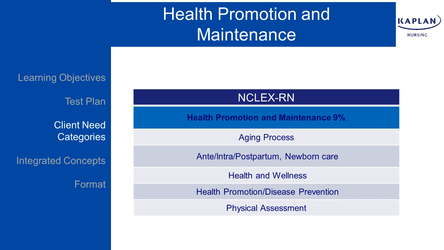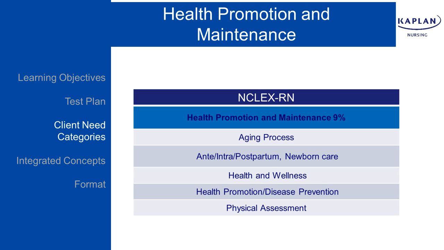The next area is health promotion and maintenance, and it is both a category and a subcategory. 9% of your questions come from this area. Now, this is one of the smallest areas on the exam. Topics include the aging process, and this is growth and development through the lifespan, intrapartum and postpartum, newborn care, health and wellness. So all of your health and wellness issues would be in health promotion and maintenance.